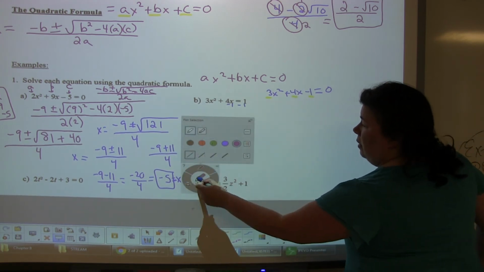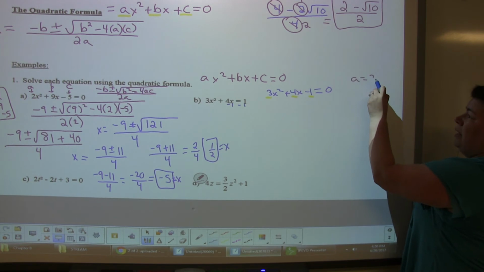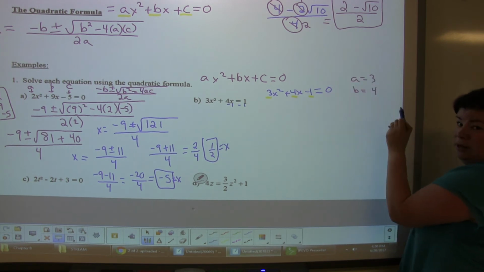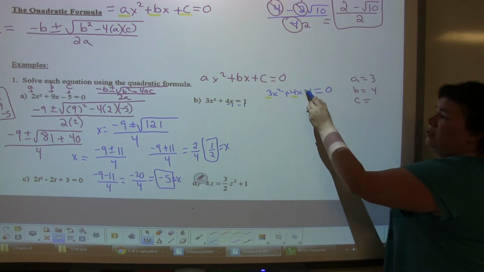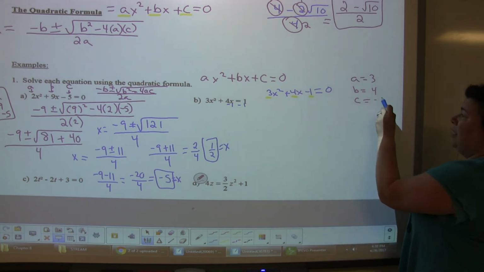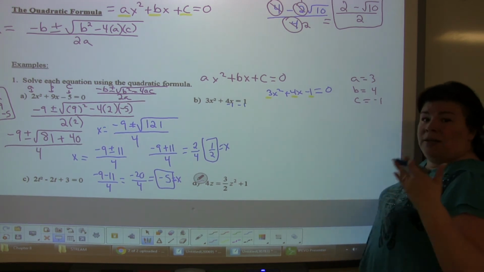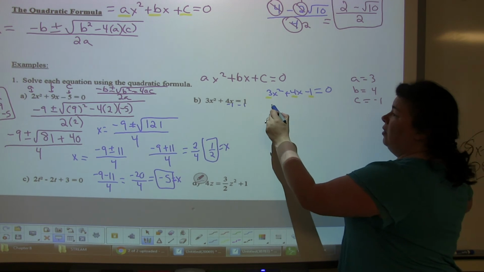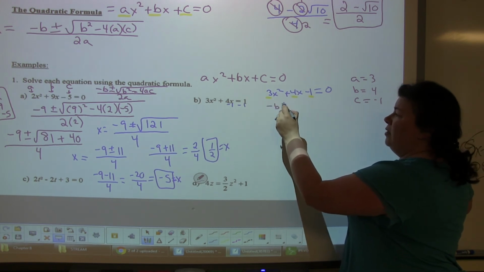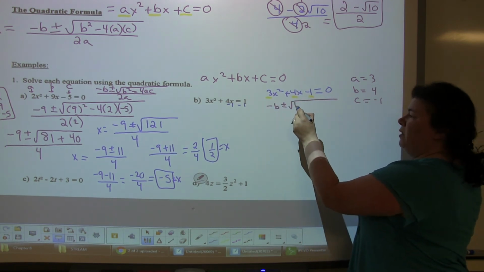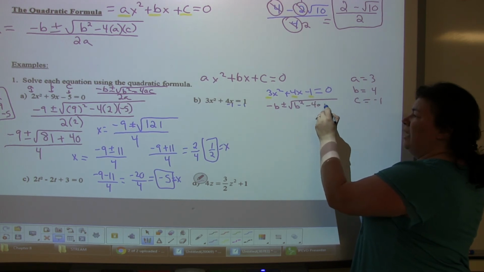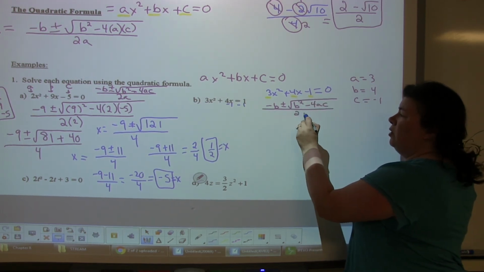So doing that, my a is 3, my b term is +4, and my c term, always grab the sign in front, is -1. So again, to get used to writing the formula, you're going to say the opposite of b plus and minus the square root of b squared minus 4 times a times c all over 2 times a.